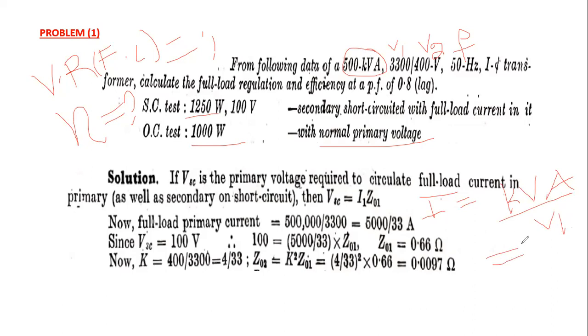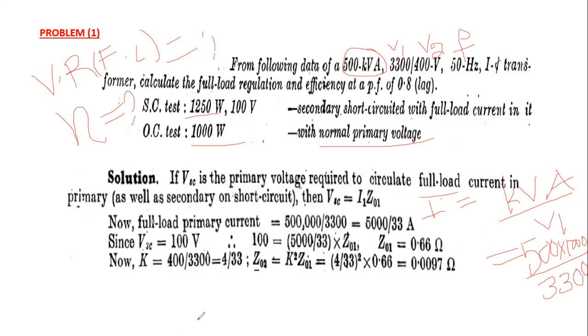That is the rating of the transformer, 500 into kilo, which means 1000, divided by V1. V1 is equal to 3300 volts. This is the primary current I.